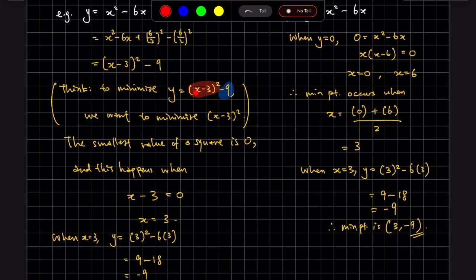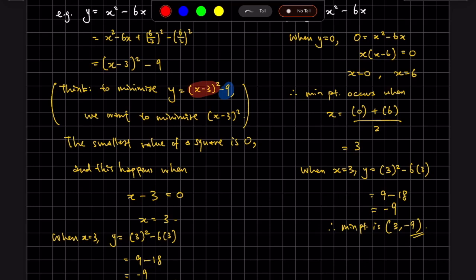If I sub in any other number inside the bracket, I don't care that it's x minus 3, if it's anything except 0, I will get a positive number. And a positive number minus 9, the y value will be bigger than negative 9. Negative 9 is the minimum value.